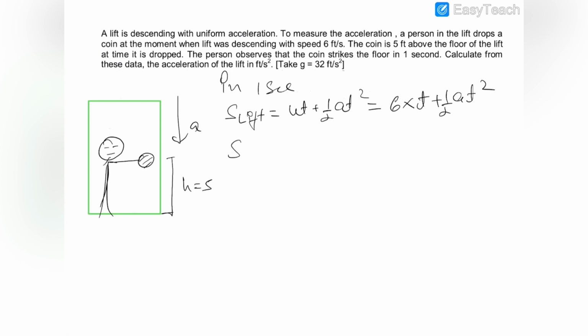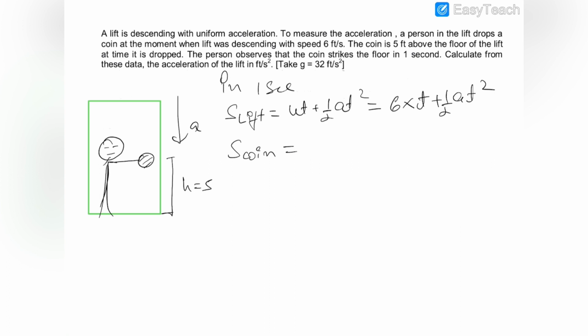Now the distance traveled by the coin is obviously greater than that of the lift by 5 feet, because the coin has traveled a greater distance as it was initially above the lift and finally it was on the ground of the lift. So the coin displacement would be u, which is obviously the speed of the lift, because initially the coin and lift were at rest with respect to each other.